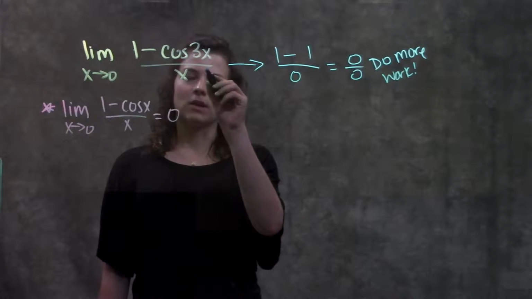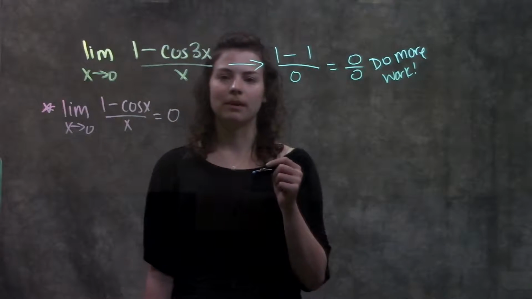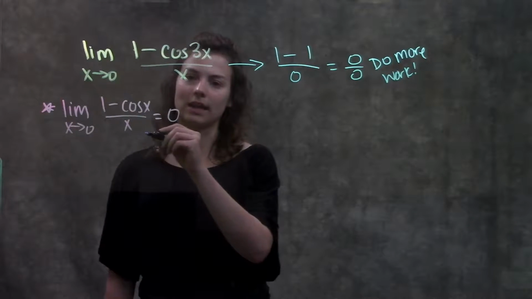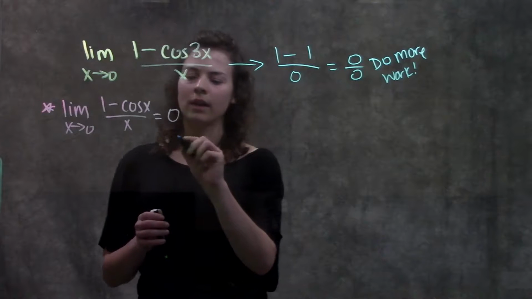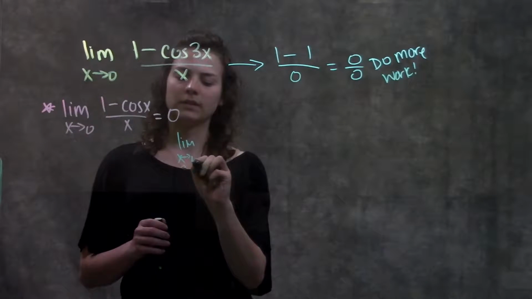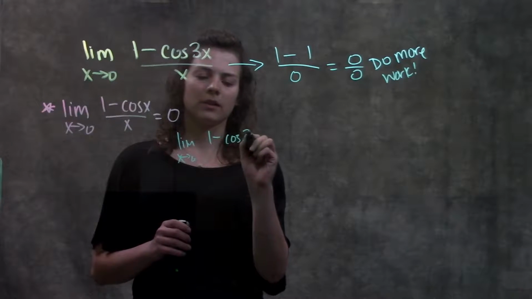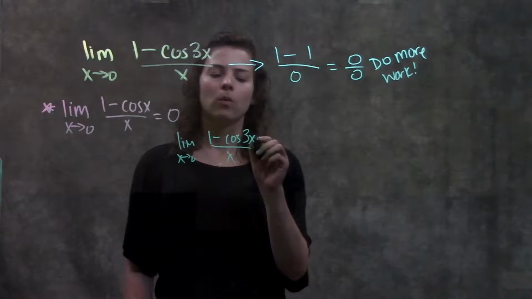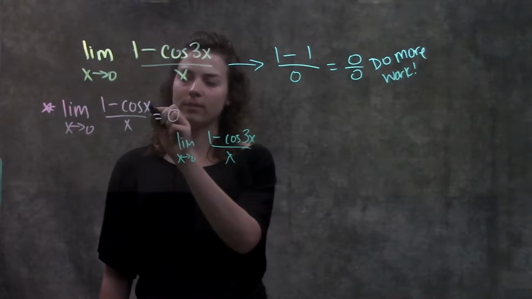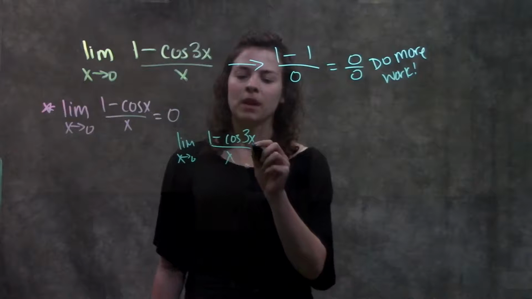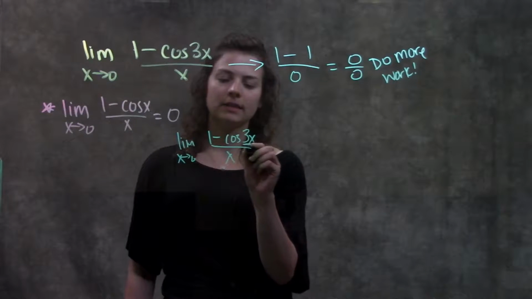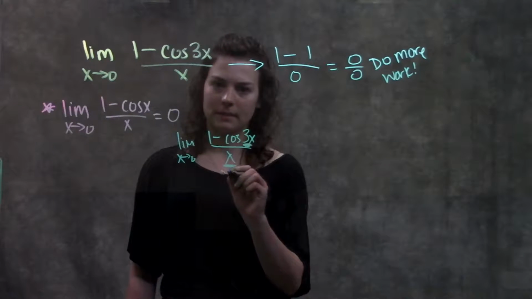So what we need to do is multiply this function by some number so that now it matches our identity. So I have the limit as x approaches 0 of 1 minus cosine 3x over x. What can I multiply this by in order to make it match that? Well, the part that's different is that this something is different from this something.